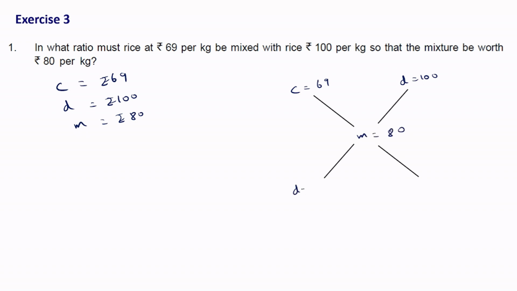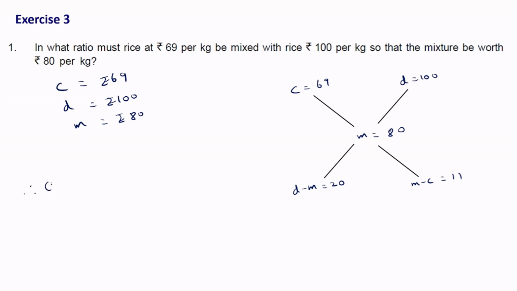We have D minus M, which is 100 minus 80, which is 20, and M minus C, which is 80 minus 69, which is 11. So the ratio in which these two rice should be mixed is 20:11.